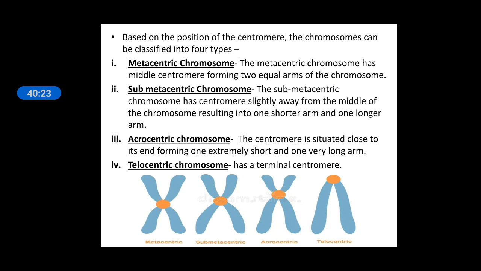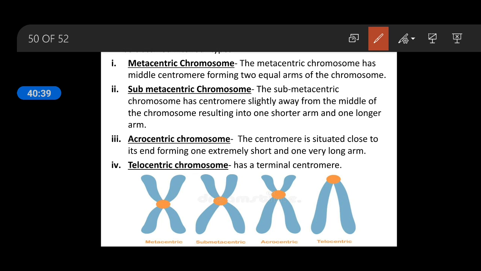Based on the position of the centromere, chromosomes can be classified into four types. If the centromere is present exactly in the middle, it is known as a metacentric chromosome. Both arms are equal, the P arms and the Q arms are of similar size.